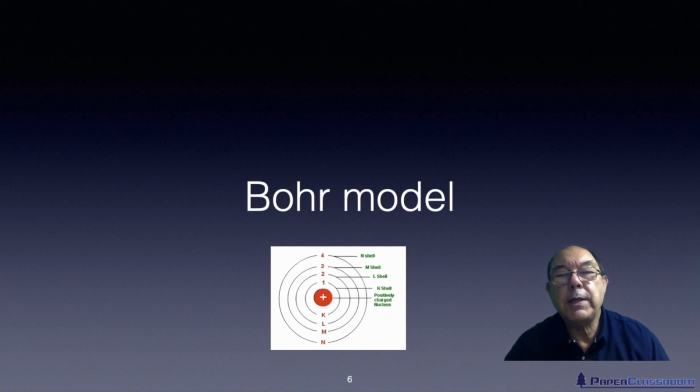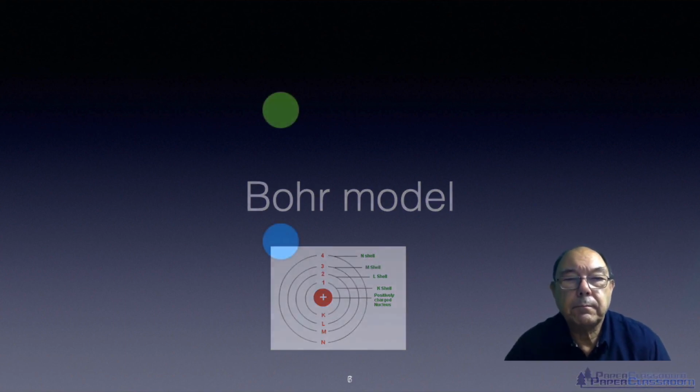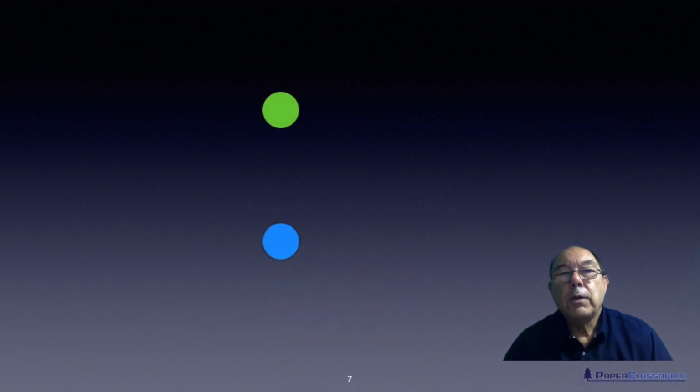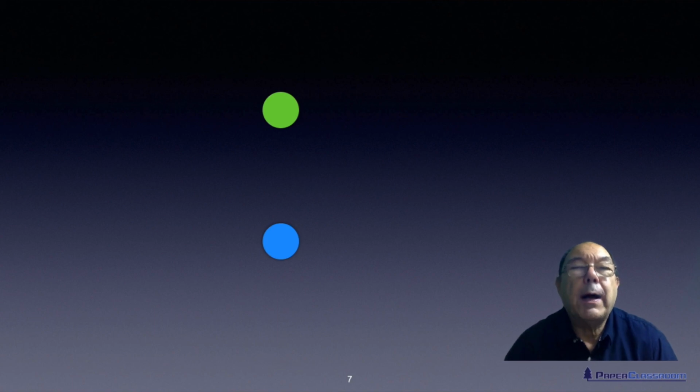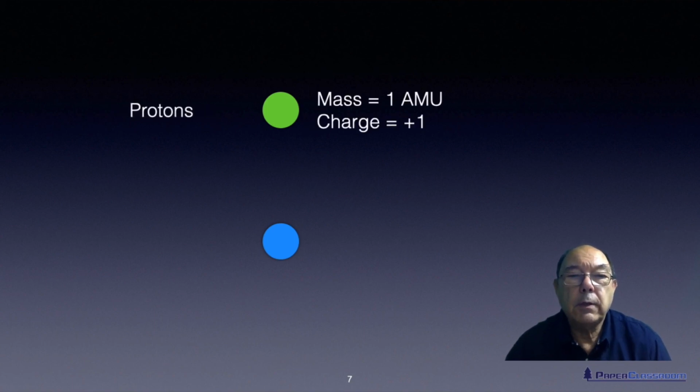So if we use the Bohr model, it makes life a lot simpler. The nucleus consists of two particles, protons and neutrons. The green circle will represent protons and the blue circle will represent neutrons.